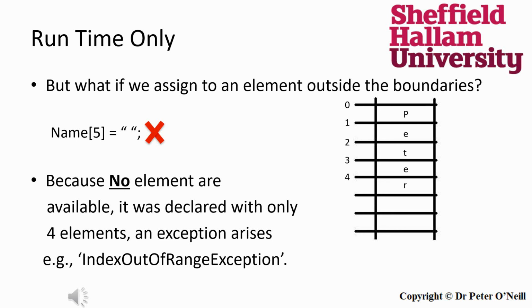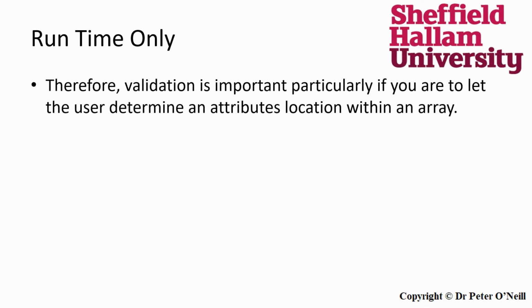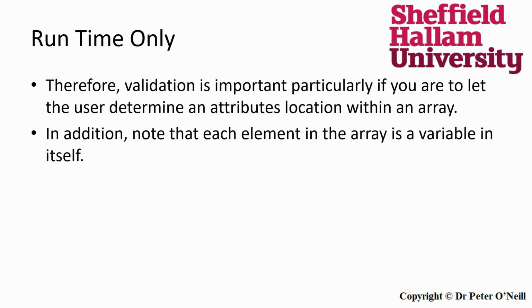If it doesn't, then we definitely need to write our code to capture that and report it back to the user and ask them for it again, or ask them to change the details. Therefore, validation is important, particularly if you're going to determine the attribute's location within an array.